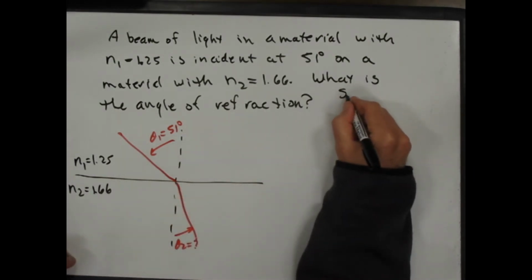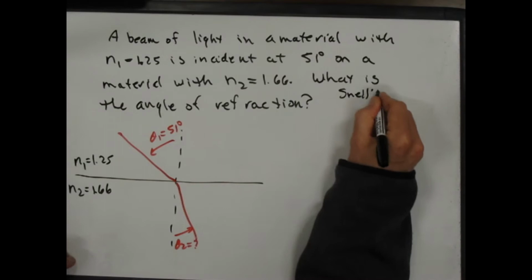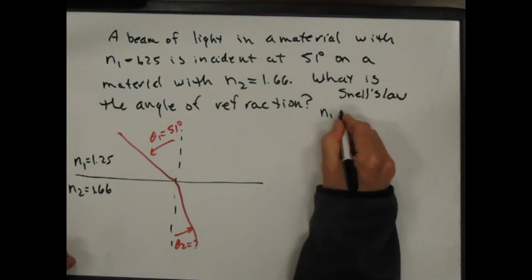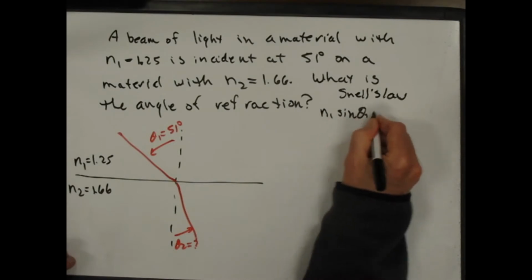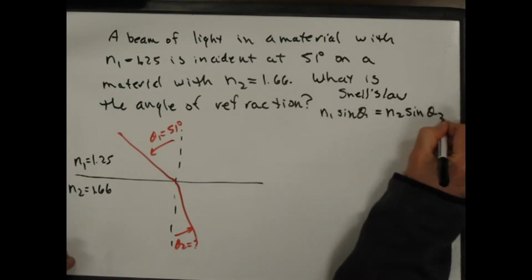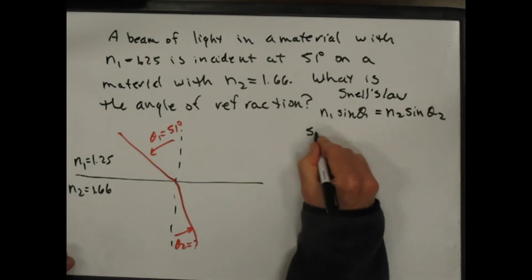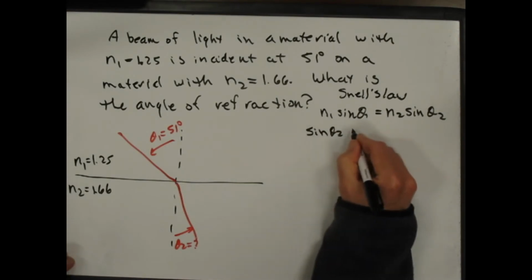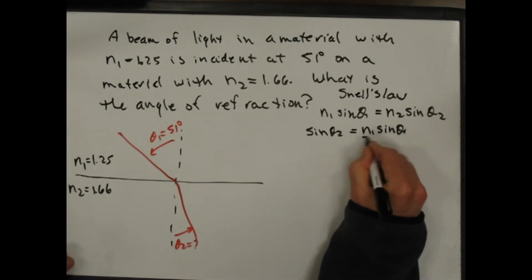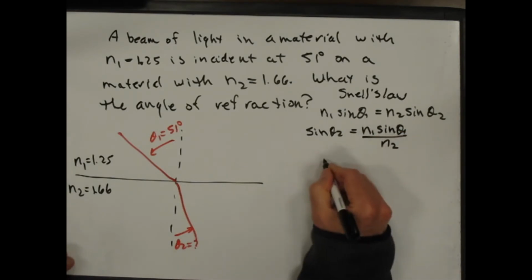Once again, we use Snell's law. N1 sine theta 1 is equal to N2 sine theta 2, and that means sine of theta 2 is equal to N1 sine theta 1 over N2.